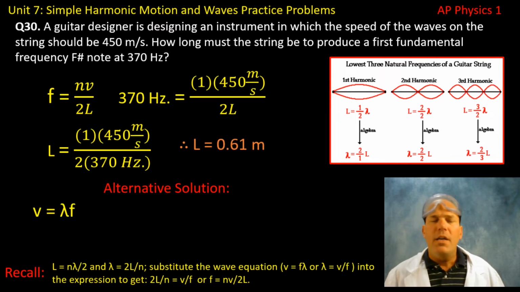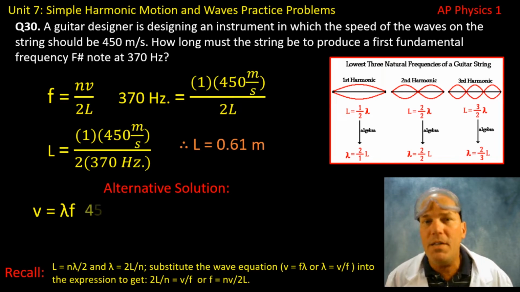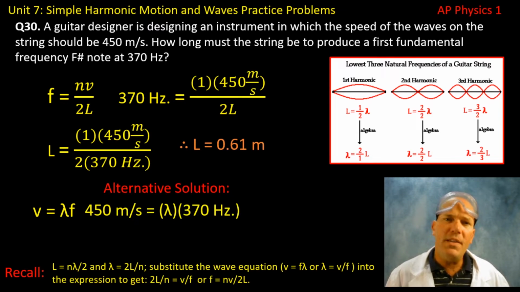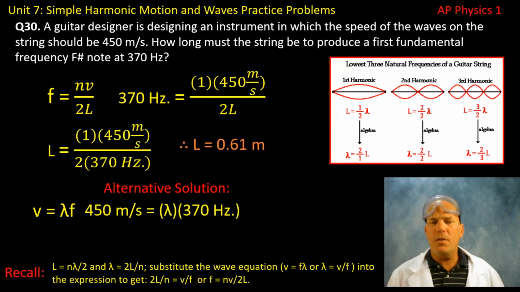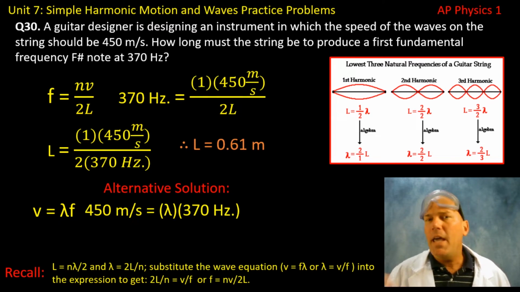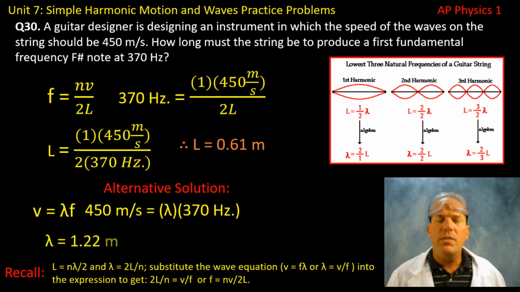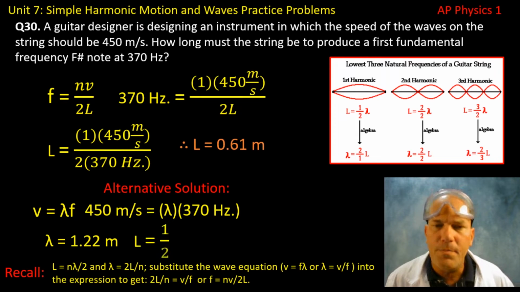So here in this alternative solution, we can look at our equation for the velocity of a wave, which is equal to lambda times frequency. We're given the desired velocity to be 450 meters per second and the frequency to be 370 hertz. So using the wave equation, we can solve for lambda, the wavelength, to be 1.22 meters.